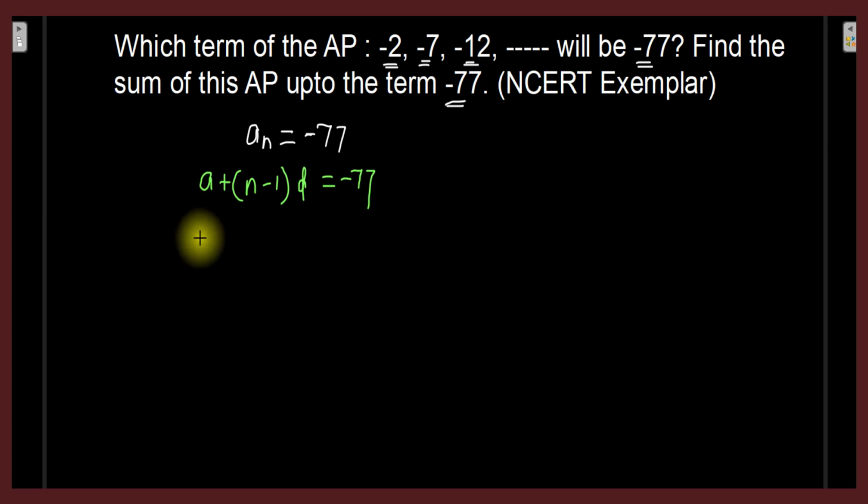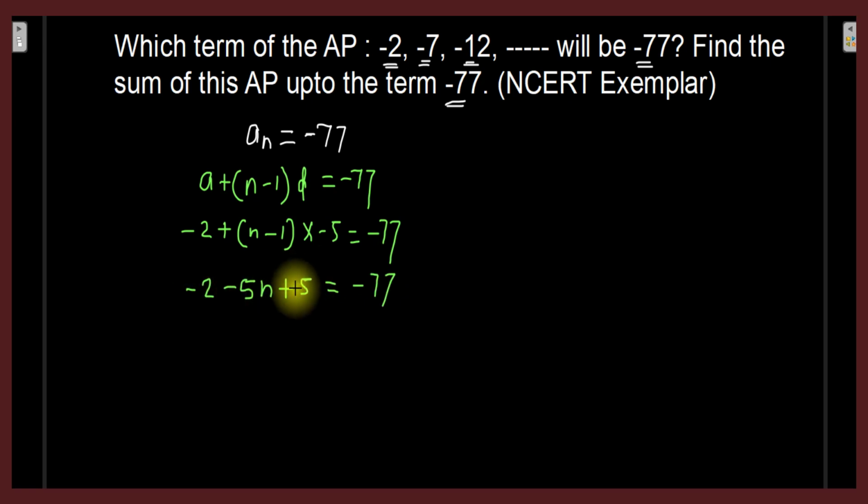And here A, the first term, is minus 2, plus n minus 1 into D, and D is what? D is the difference, second term minus first term, that is minus 7 minus (minus 2), so that will be plus 2, so minus 7 plus 2, that will be minus 5, so multiplied by minus 5, which is equal to minus 77.